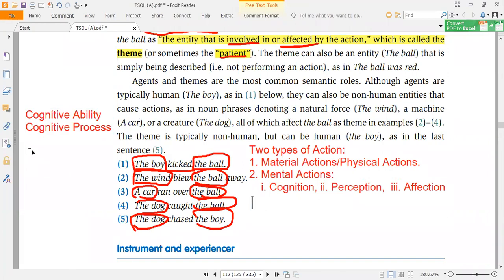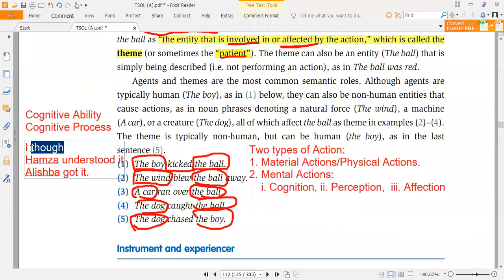Cognition, for example, if I say Hamza understood it, or Alishba got it, these are mental processes, cognitive actions. When I say I thought, did I do any physical work?